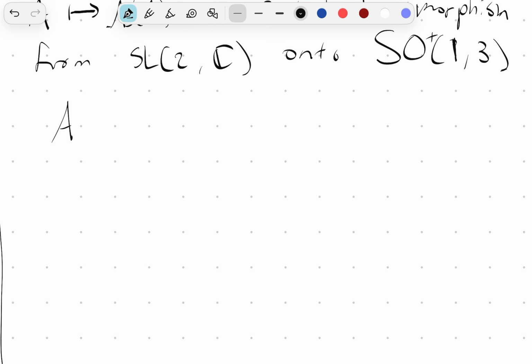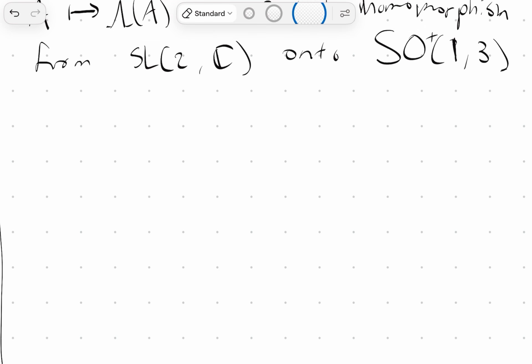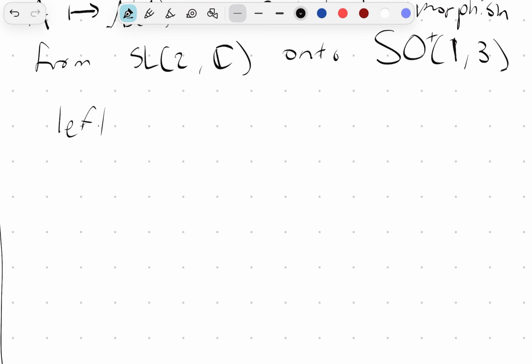And the objects that transform directly under A are what are called left-handed spinors.